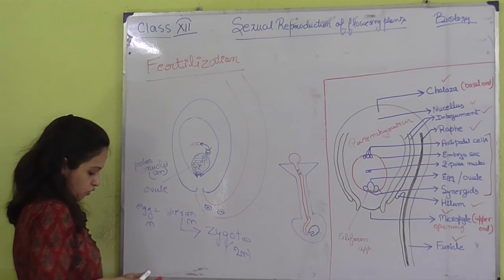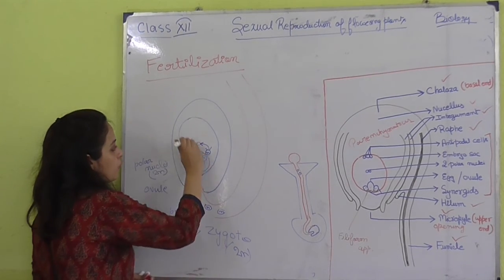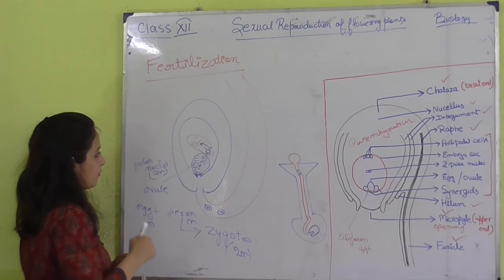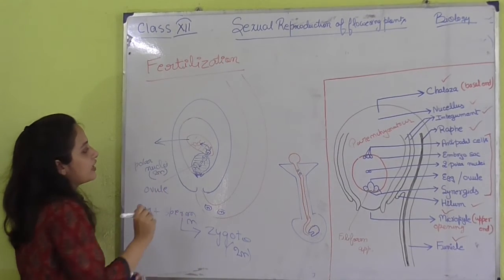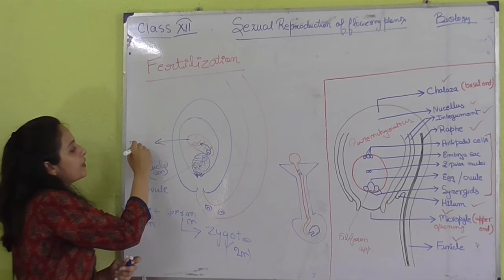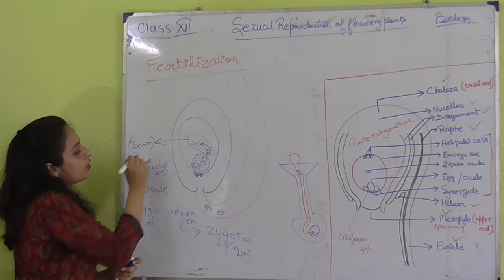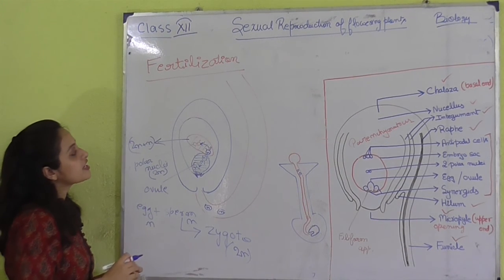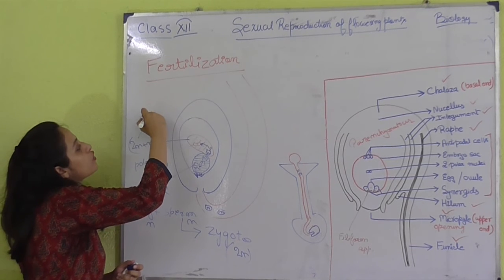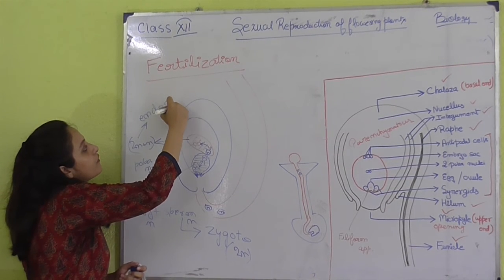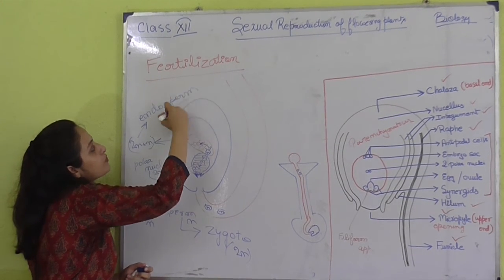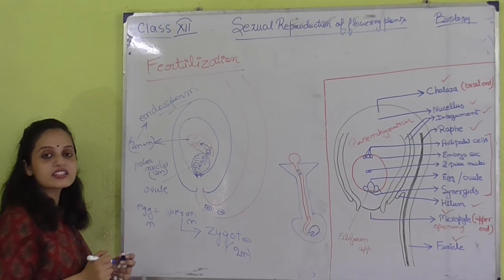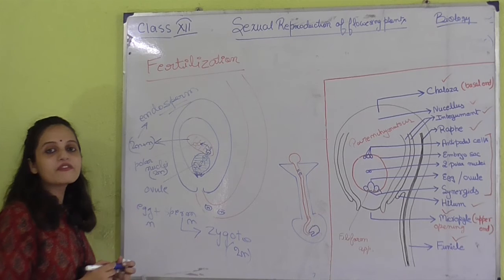If both of these unite, it will form a triploid, meaning 2N plus N, 3 nuclei. This will form a 3N body which is known as endosperm. So this is the basic overall fertilization, and this is also known as double fertilization.